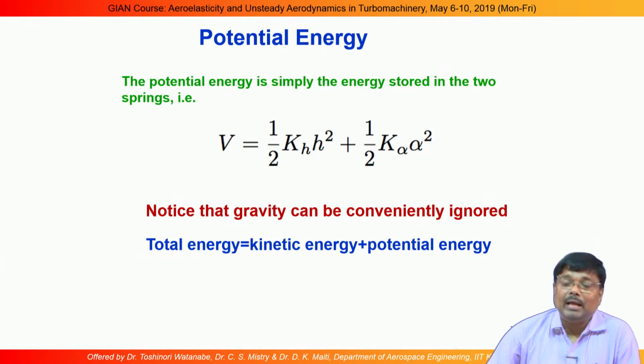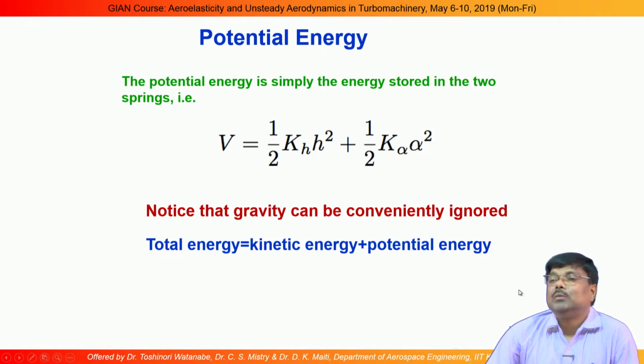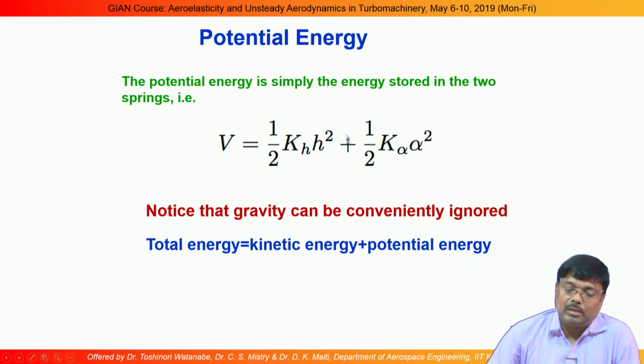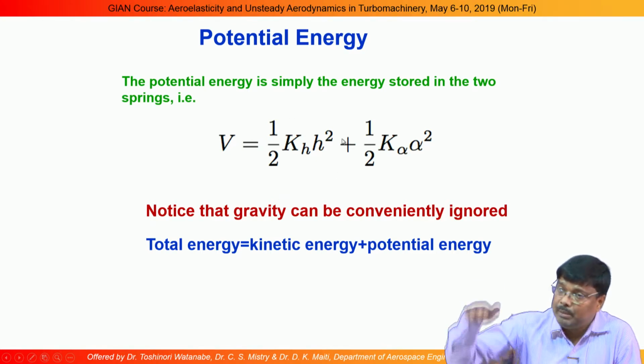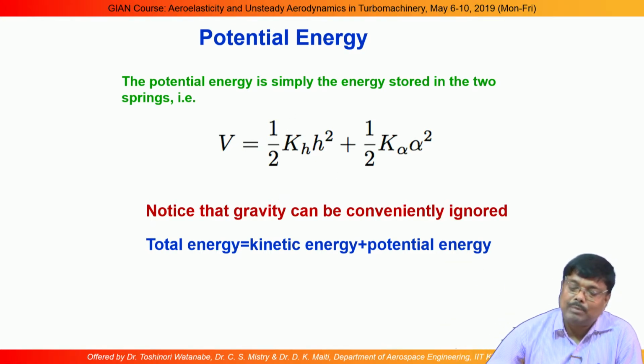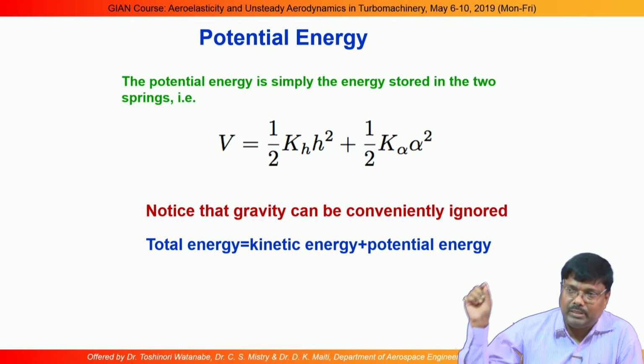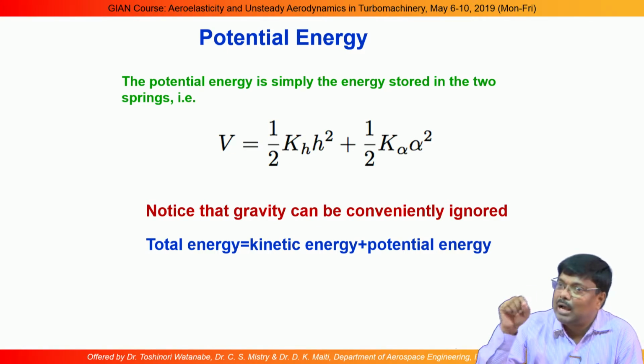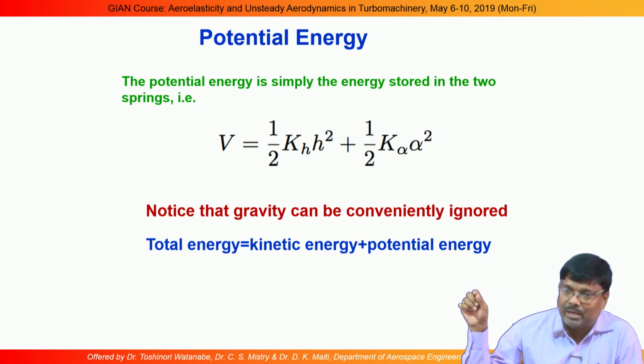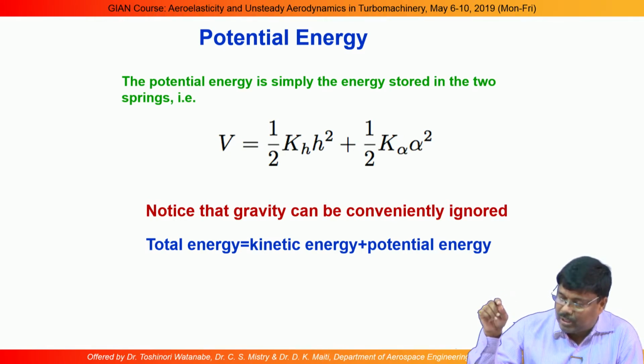And similarly, I can calculate the potential energy. Potential energy for this heave motion or the plunge motion is half kh into h square, stiffness into displacement, basically half into force into distance, whatever we calculate in our elasticity theory, half sigma into epsilon, or half force into displacement.